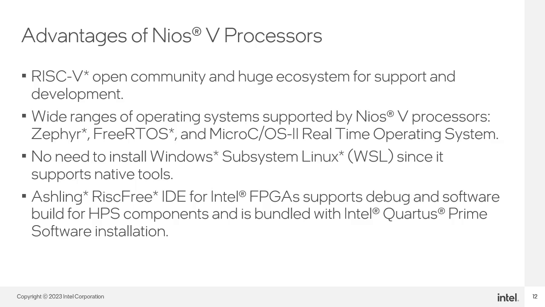Wide range of operating systems supported. No need to install WSL. Ashling RISC-Free IDE for Intel FPGAs supports different capabilities for debug and software build bundled in supported Intel Quartus versions. To know more about Ashling RISC-Free IDE for Intel FPGAs, you can read our user guide provided in the resources.